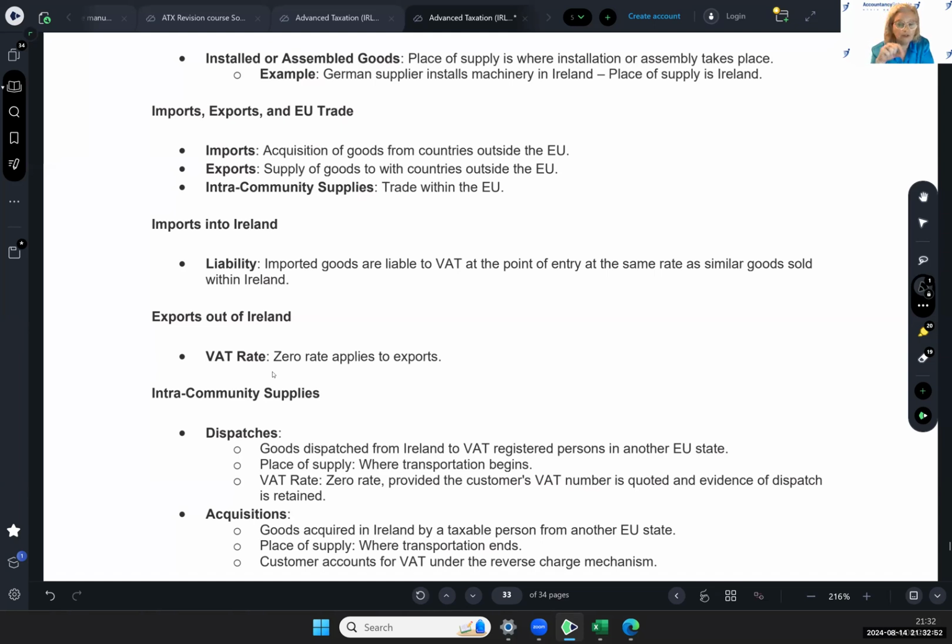If I sell those same shoes to a customer in Kildare, what rate of VAT will I charge? 23%. So goods that will attract any of the Irish rates, whether it's 23, 13, or 9, once they are either exported or supplied in an intra-community supply, the VAT rate goes to 0%. And the purpose of that is to allow for the freedom of movement of goods throughout the EU.